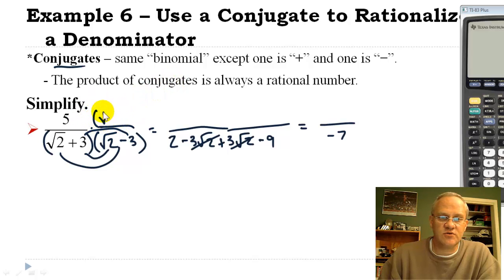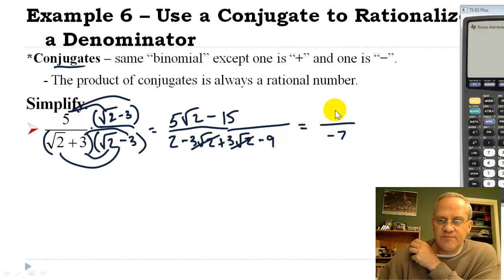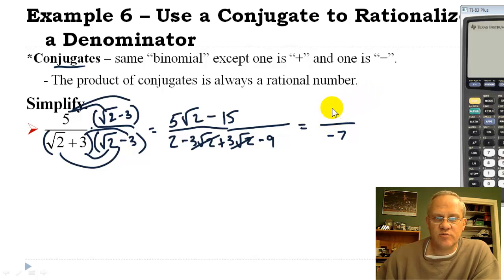Okay, one last step then is to make sure everything stays legal here. I have to also multiply by the same thing on the top. So I'm just going to distribute here 5 times square root of 2. And so I distribute there, and then here minus 15. Depending on how you want to switch this around, I probably won't be real picky with this.